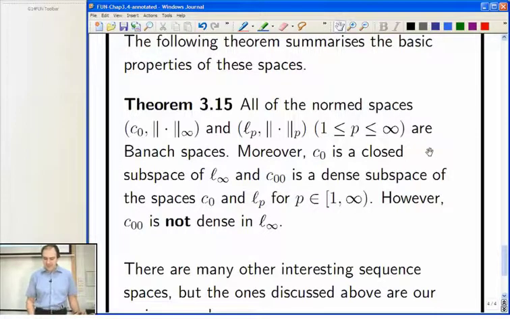I claim that C0 is a closed subspace of L infinity, and we'll prove that in a bit. I claim that C00 is dense in almost all of these, with the exception of little L infinity, that's the only one of the ones I mentioned where C00 isn't dense. And we'll see various reasons why it's not dense in a bit.